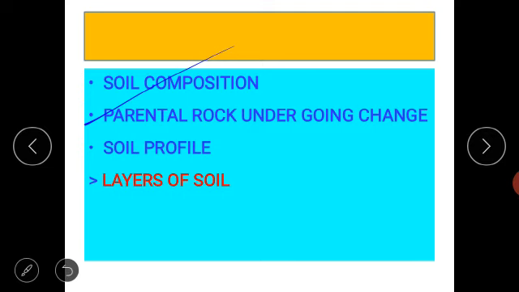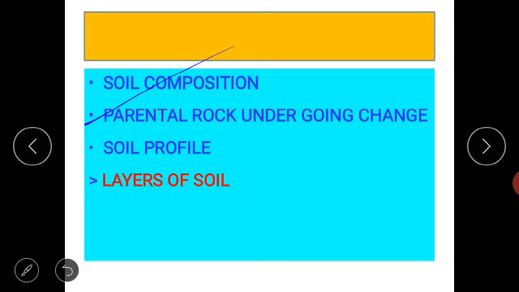Then we studied the soil profile. In that we studied the layers of soil. So what are those layers of soil? The uppermost layer, the surface of the soil, is the layer of humus. Then below that there is the topsoil, which is also fertile soil.